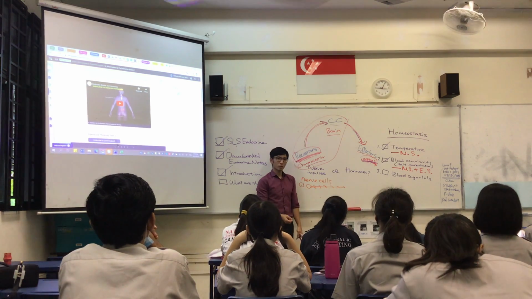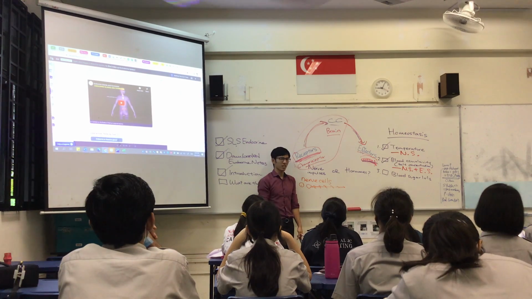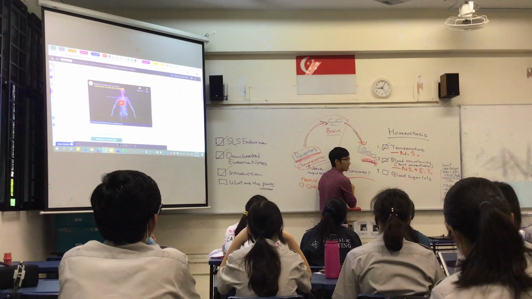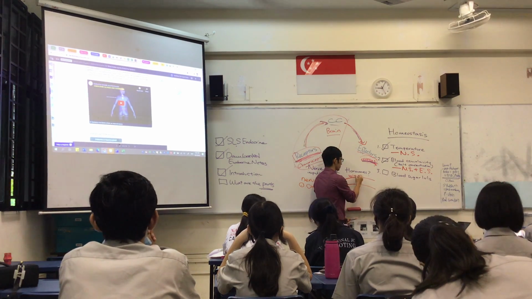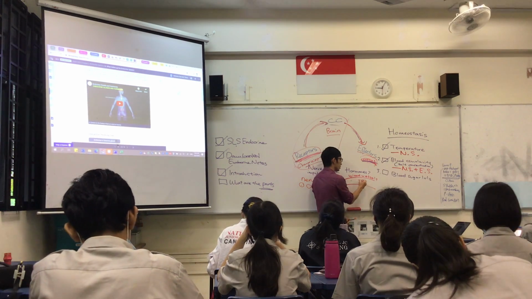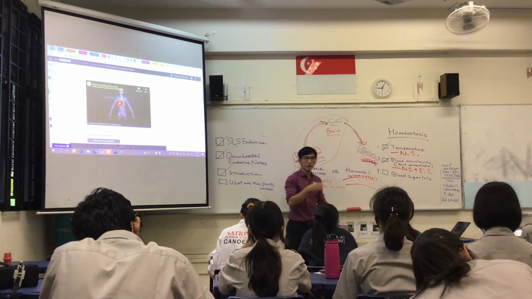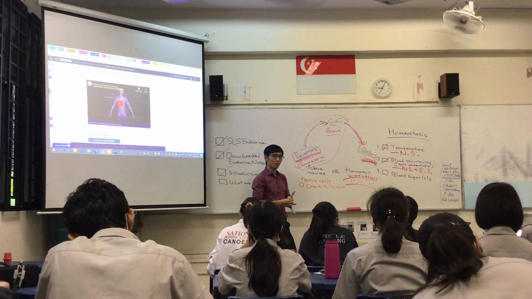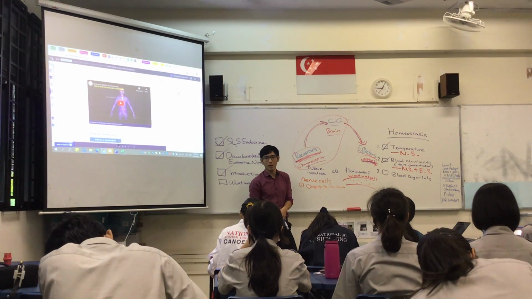Hormones, to get from one place to another, don't travel by cells. They travel via your blood vessels to various parts of the body. So it takes a while. It needs your heart to pump, then it can reach the relevant parts.